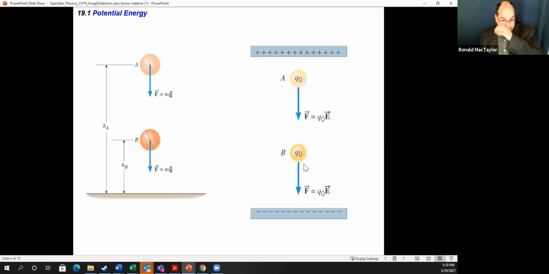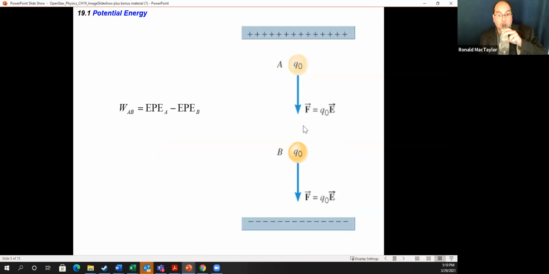So the force that's exerted on our charge is the quantity of charge times the electric field strength. The electric field is measured in units of newtons per coulomb. And so if we have a certain quantity of coulombs of charge times newtons per coulomb, we get a force in newtons.